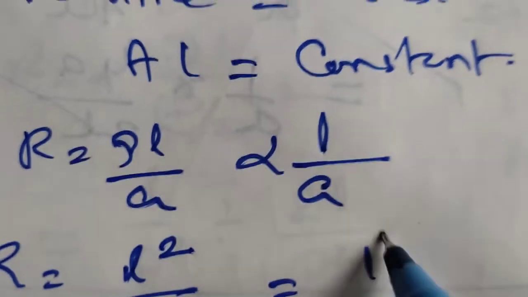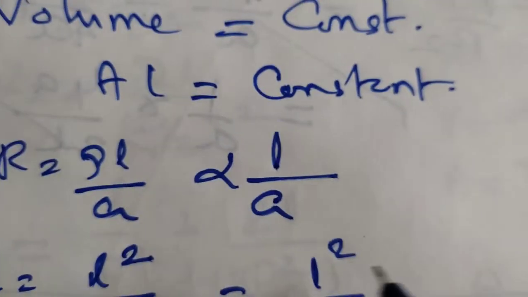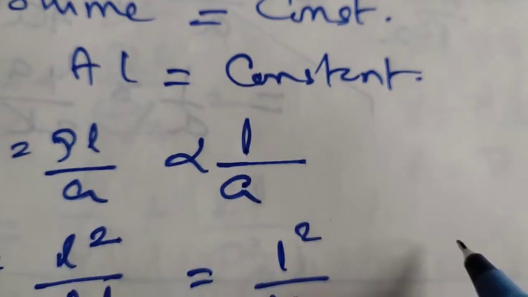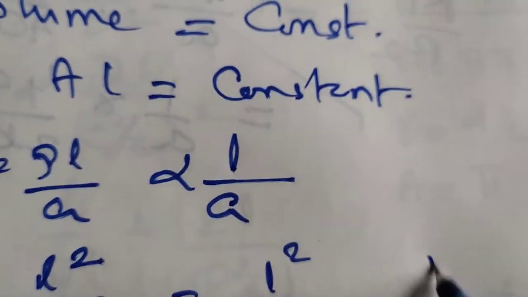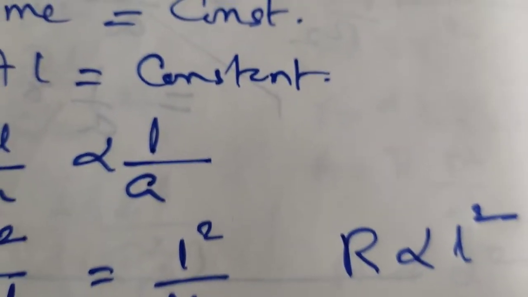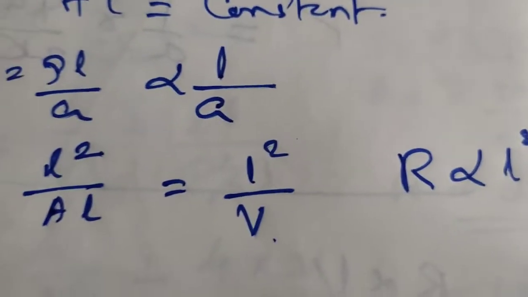That is volume: L squared by volume. What is L into L? We are adding L here, area into length is volume. Since volume is constant, R is proportional to L squared.